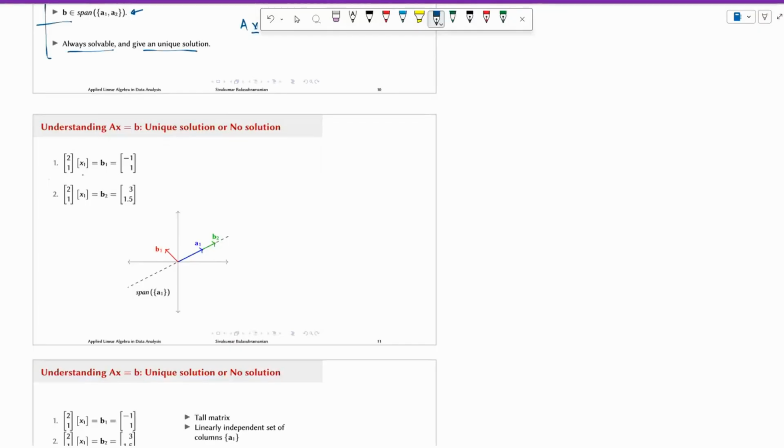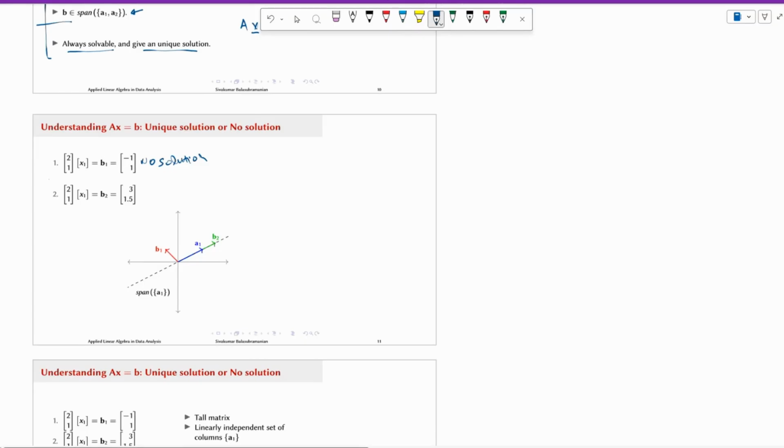There is no x1 you can choose that will satisfy both 2x1 equals minus 1 and x1 equals 1. Okay. So this does not have a solution. What about the second one? Okay. Second one does have a solution.